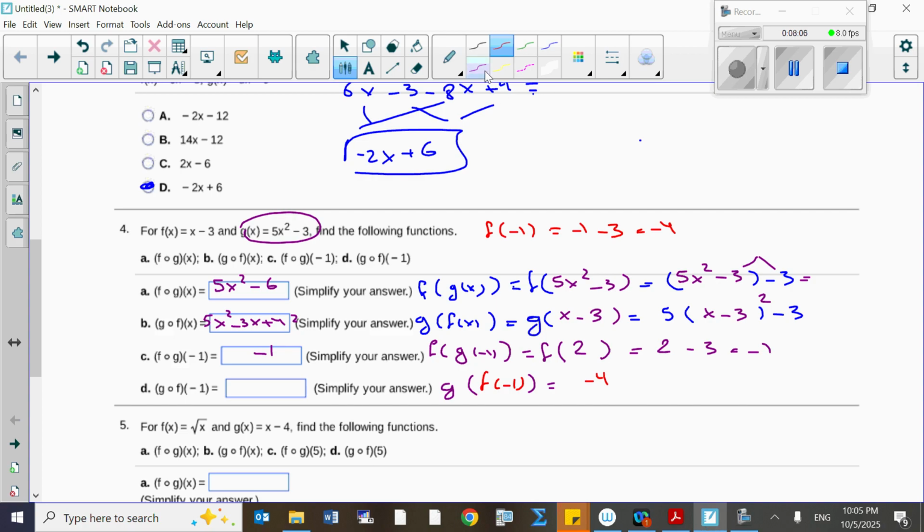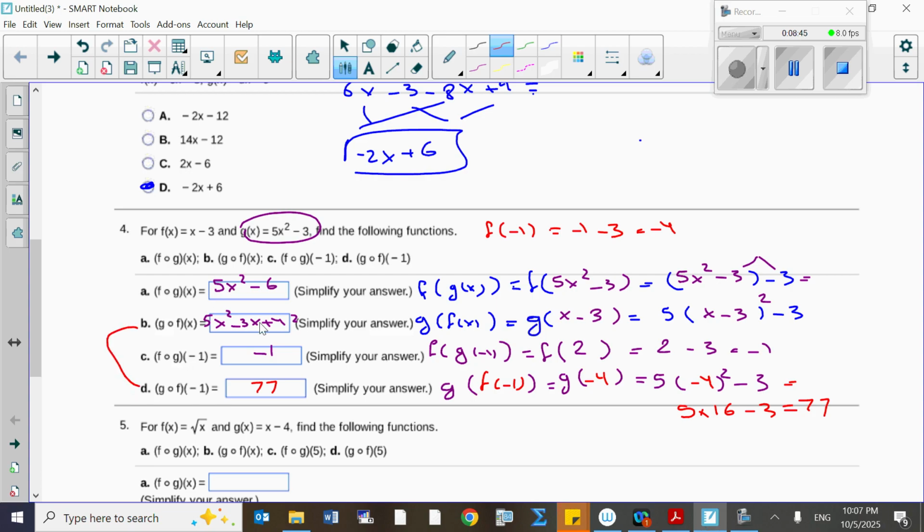So we need to find g of negative 4 now. g is 5 times x squared minus 3, but my new x is negative 4. So this will be 5 times 16 minus 3, which is equal to 77.